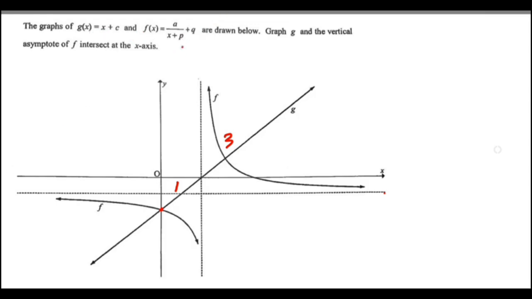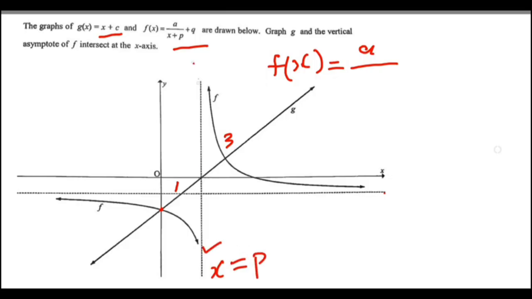This is the first method. I would like to solve according to these equations, but if you want to do it the other way, it will be like this: f of x. First of all I need to modify. Now a, obviously, we don't know, but x is a liar. X plus p, we can't say x plus p because x is equal to p here. This is a vertical asymptote. If I put it back into this equation, it's going to be x minus p.